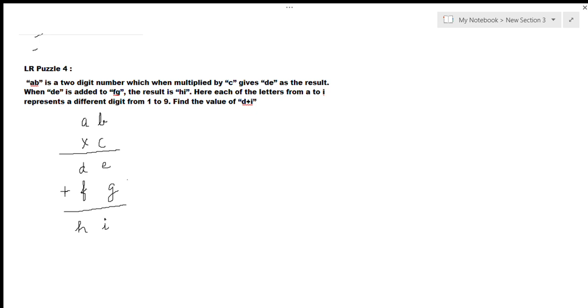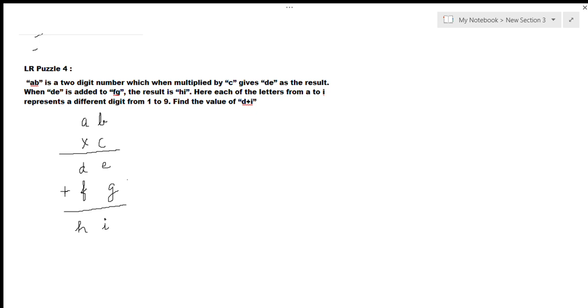Now, you can see there are 9 letters here. These 9 letters represent distinct digits from 1 to 9, which means none of the digits can be repeated. So now we'll have to see which digit represents which letter. Ultimately, we have to find D plus I.